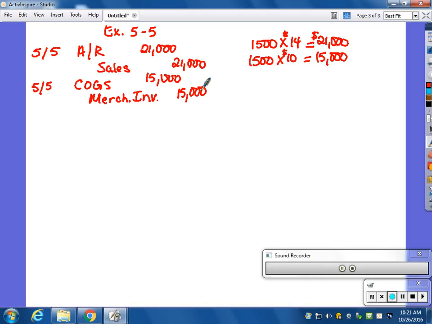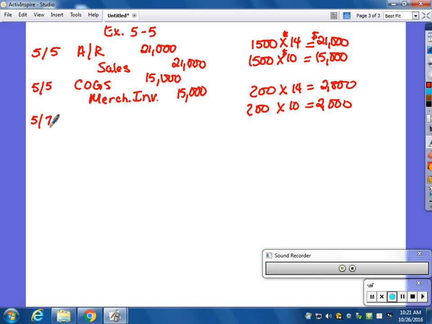And how much did they pay for them? $14. And how much did we pay for them? 10. So 200 units times $14 equals what? And then 200 units times $10 equals what? 2,800 here, 2,000 here.